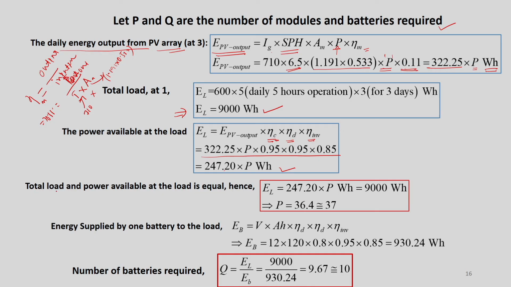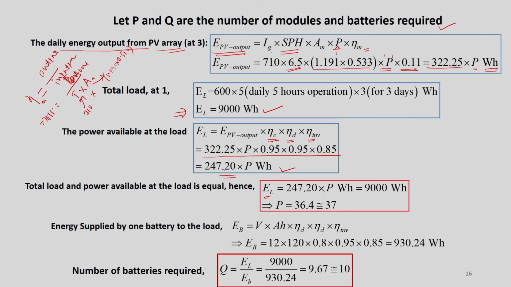Now, the total load and power available at the load is equal, right, because that much of power we have to generate, and that has to be equal to the amount of energy required on a daily basis or for meeting all those 3 days, okay. So, see this, for our problem it is for 3 days, okay.